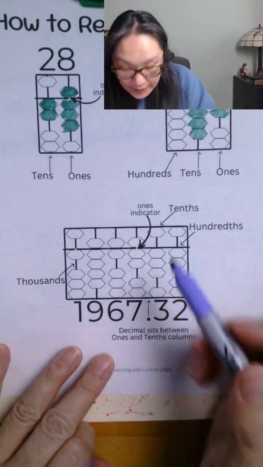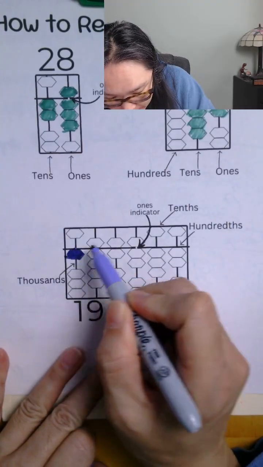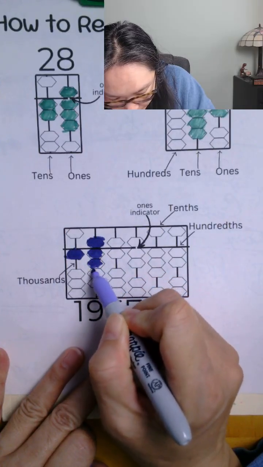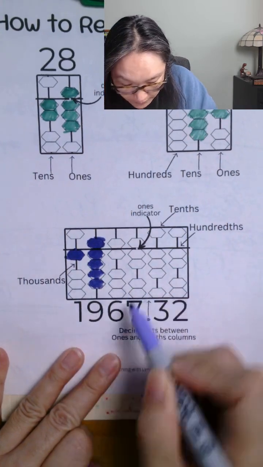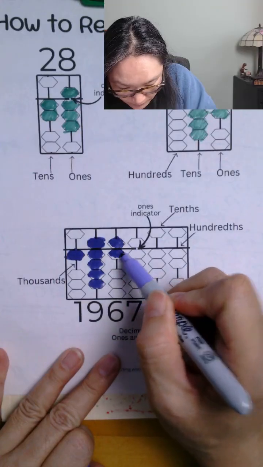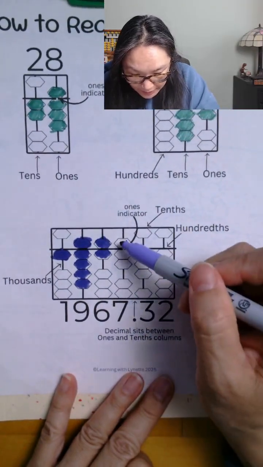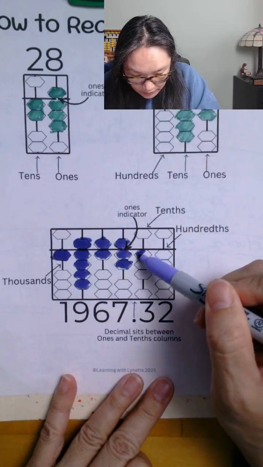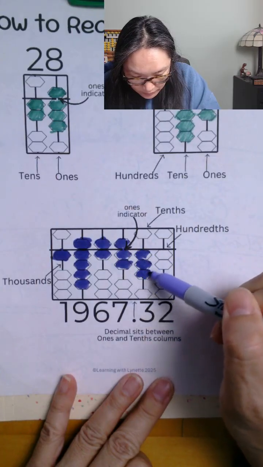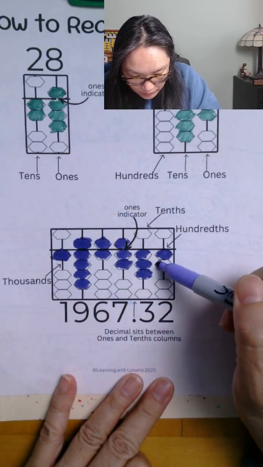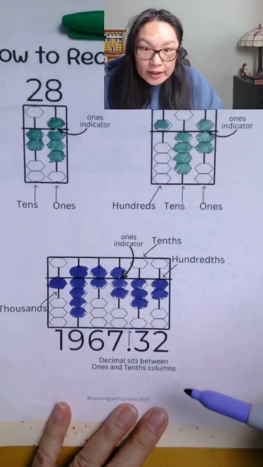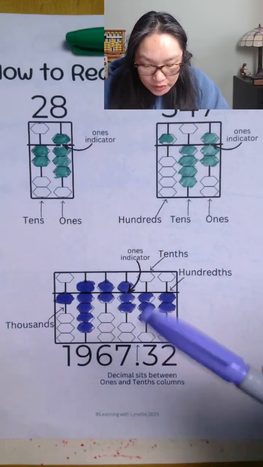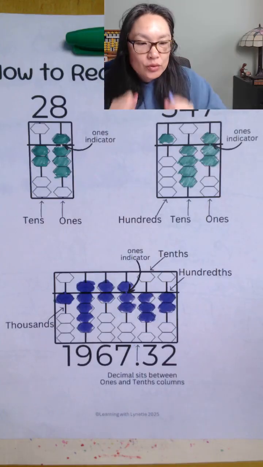So I have 1,900, 900, and then this would be 6, and then this would be 7, and then this would be 3, and then this would be 2. Then when you look back at it, you'll say, oh, I know how to read it, I know what I'm doing because you did it. I just guided you. That's all.